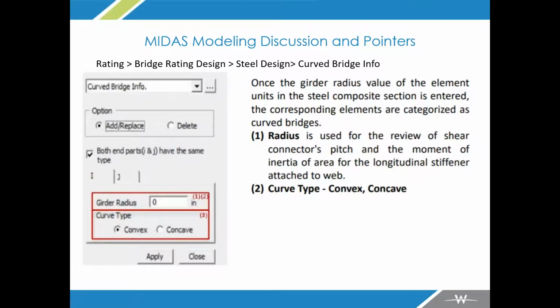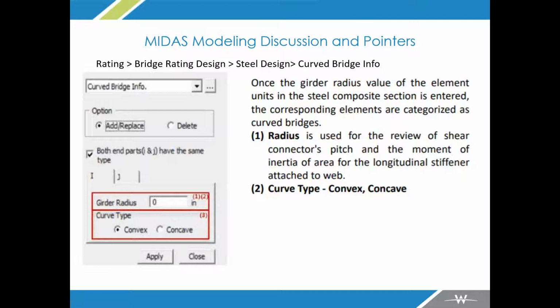You can input girder radius into this. I will say, because this is going through the rating tab, this whole rating tab is really more on the capacity side of the equation. The analysis side is what's getting you stresses, moments, shear forces, all of that kind of thing. Then this menu system is really addressing the capacity calculations and what's happening in the background as far as the rating equations.